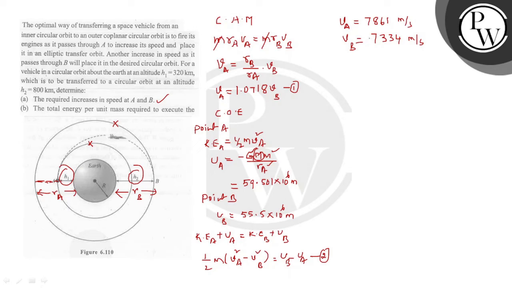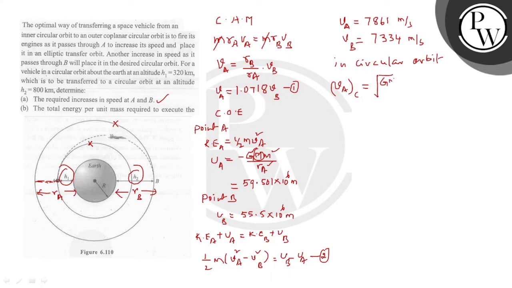No. In circular orbit I need the velocity. So in circular orbit, I need the value of velocity at A for circular orbit, which is the square root of GM by RA.